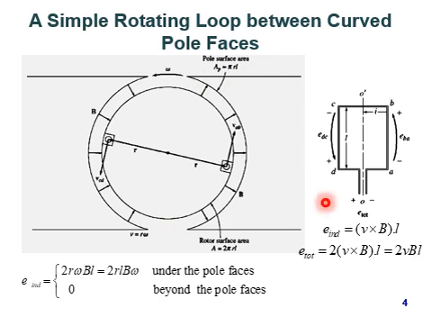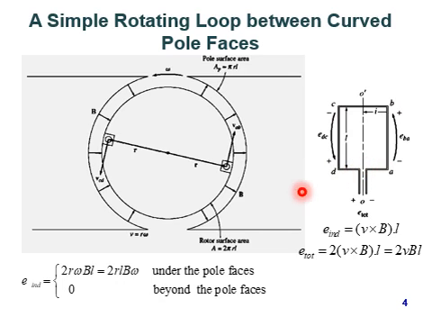If we want to find the E induced on this loop, it would be v cross B into L. But we will find this E induced separately for all the four sides of the loop: one side, second, third and fourth.